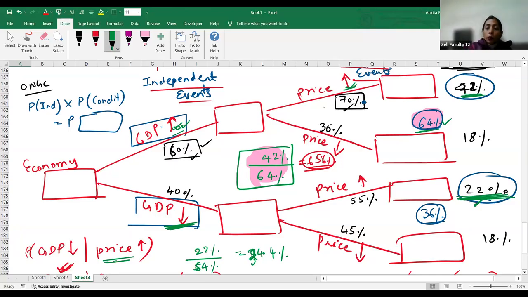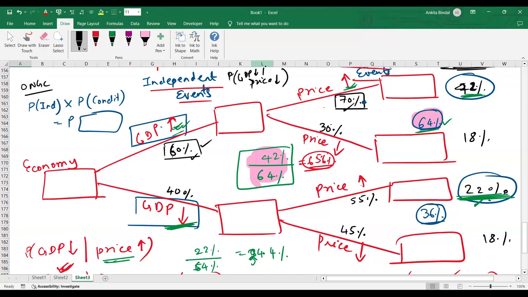Okay, let me ask one more and let us see whether we really get it. So next one is, I have given you that the price has decreased. What is the probability that GDP has decreased given price decrease? 50%. 18 divided by 36.